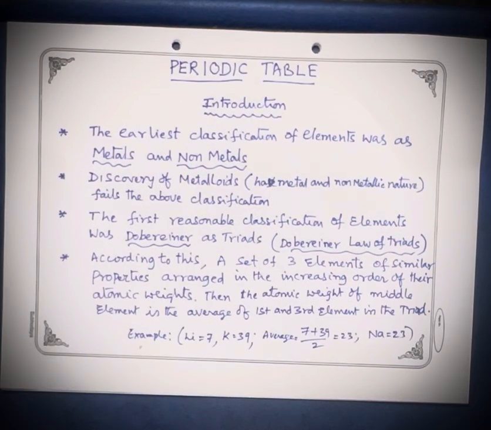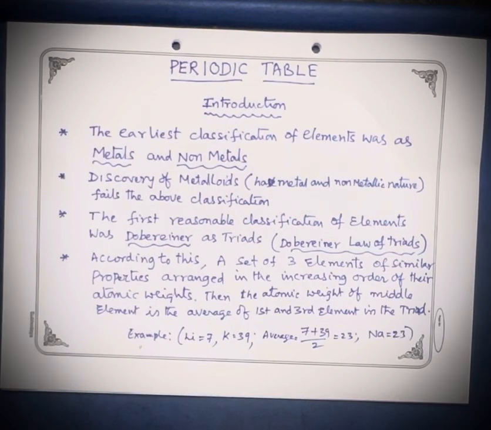For example, lithium 7, potassium 39: the average, 7 plus 39 by 2, is equal to 23, which is the atomic weight of sodium.